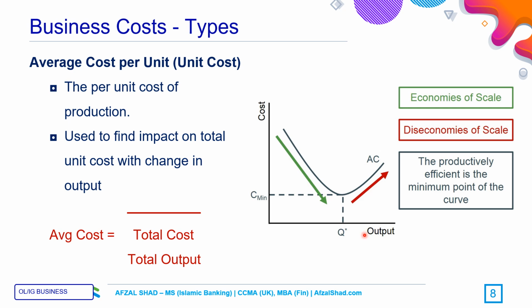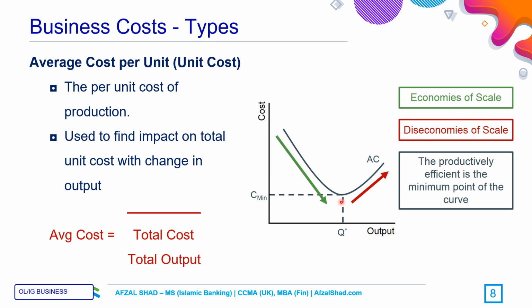On the x-axis we are increasing the output. That means the cost keeps on coming down till this point while the output is increasing. So you keep on increasing the output, the cost comes down. The cost means the cost per unit, that is the average cost, comes down.